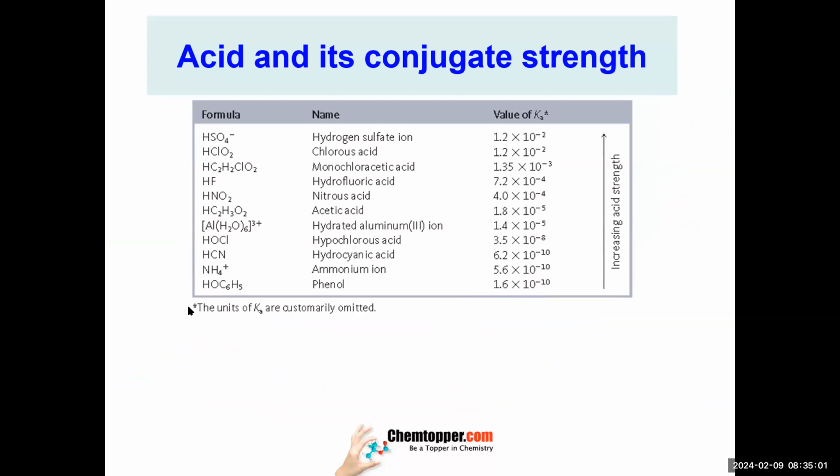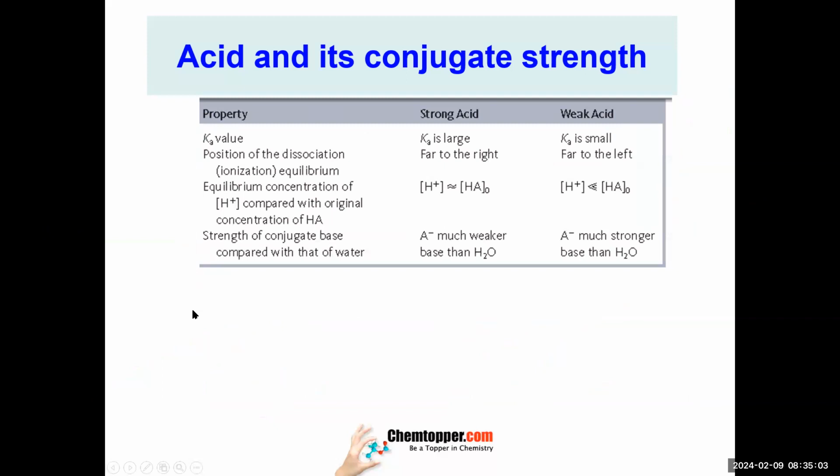This is the column which is based on the strength of the acids and their conjugates. So if it is a strong acid, all these things I have already discussed, Ka is large, greater than 1, then it means the equilibrium is totally on which side?